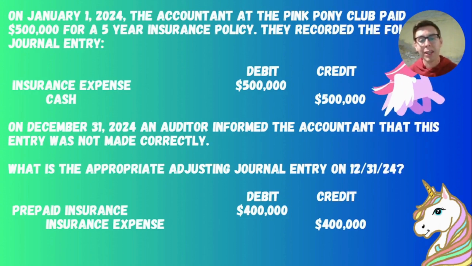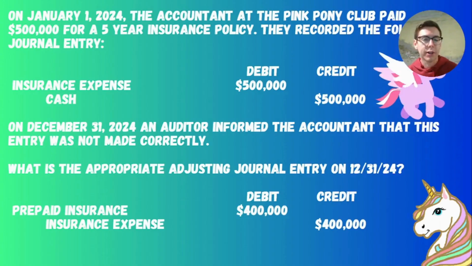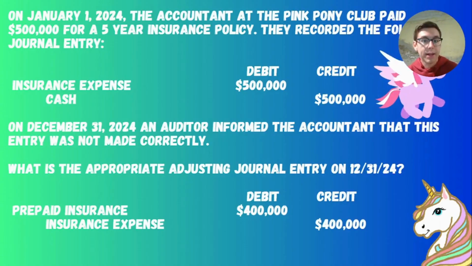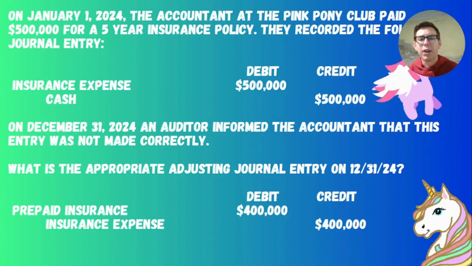The debit to prepaid insurance is a little bit trickier. That is going to be an asset account, a current asset account on your balance sheet. And what that is, it's considered an asset because it is a future benefit to us that we've paid, but it's not ready to be an expense yet. So for each of the 4 subsequent years, we will constantly reduce that prepaid insurance account and then debit insurance expense.